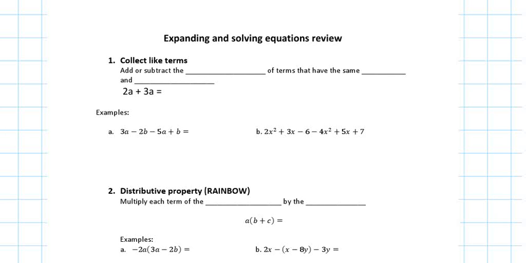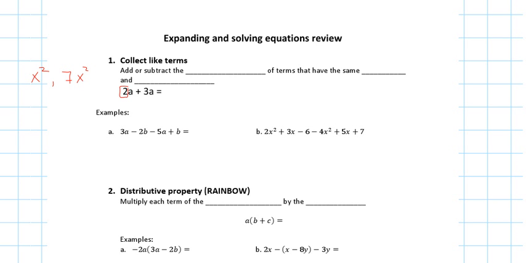Okay? If I have, let's say, something that looks like this, x squared and 7x squared, right? These are also like terms because they both have the letter x and they both have this square on the letter x.